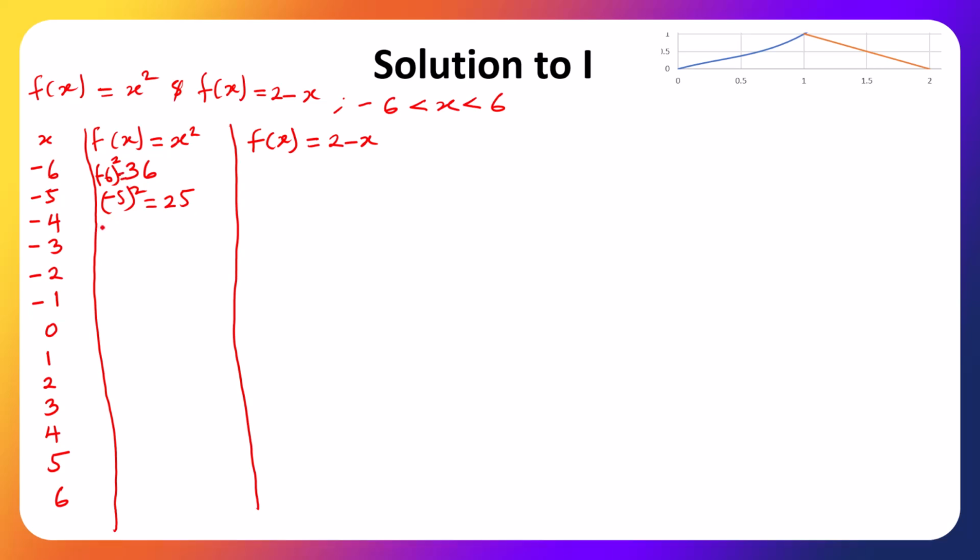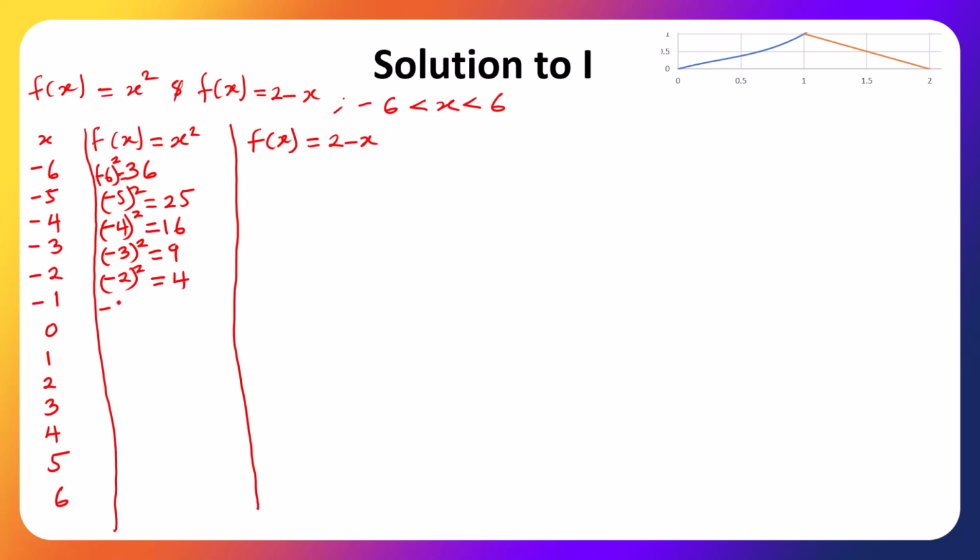So for this one, we have minus 4 squared, and this gives us 16. We have minus 3 squared, and this gives us 9. We have minus 2 squared, and this gives us 4.